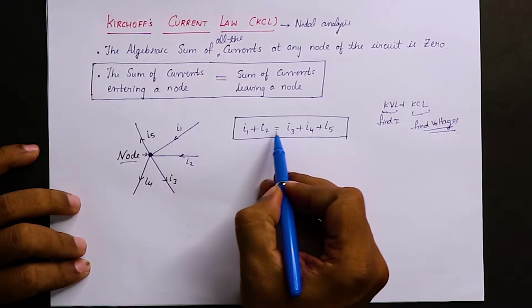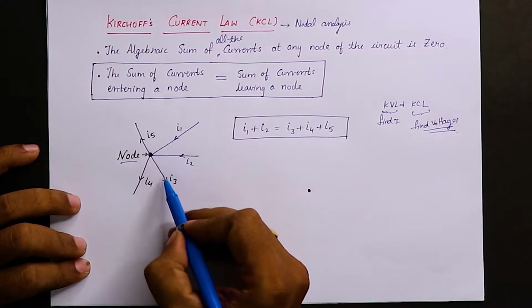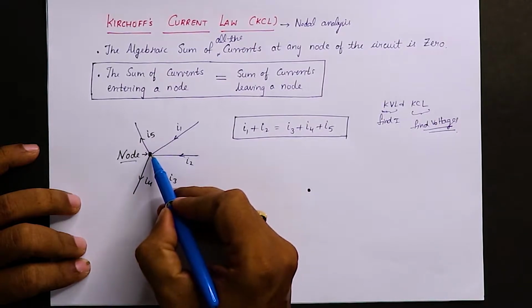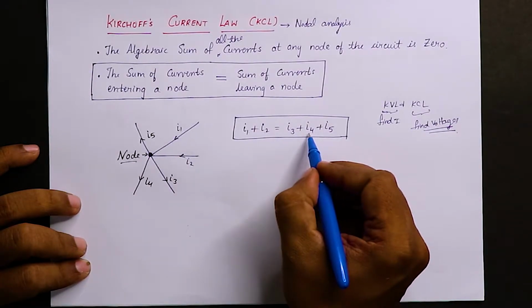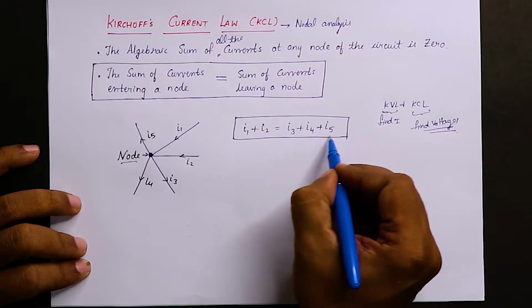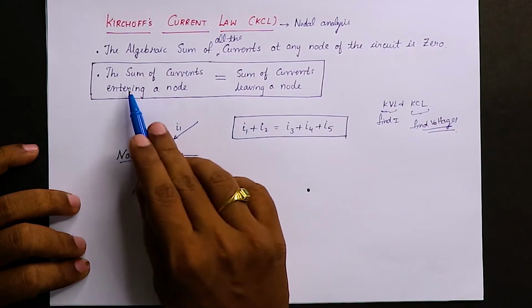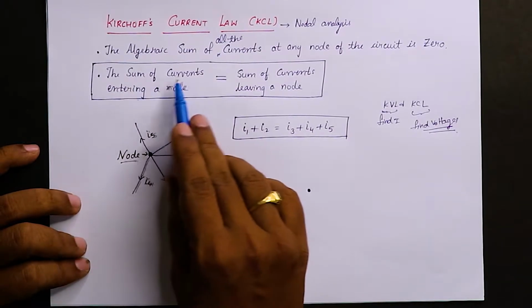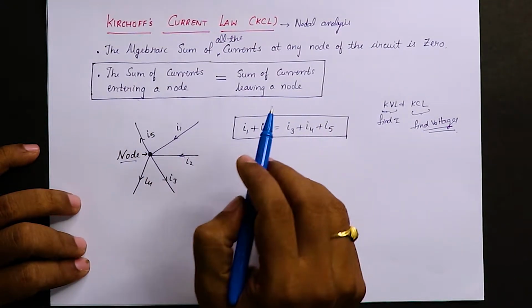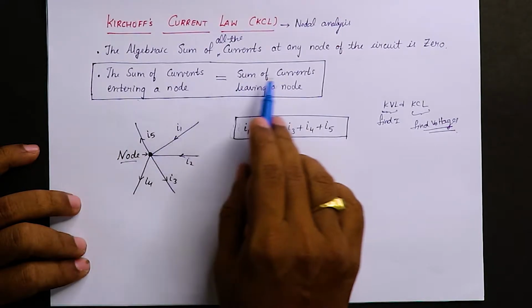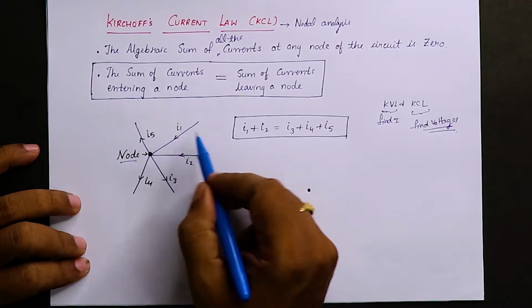So I1 plus I2 is equal to I3, I4, I5, since I3, I4 and I5 are going outside. These are entering the node, and these are leaving the node. If we equate these two, we will get the principle: the sum of currents entering a node is equal to the sum of currents leaving a node.